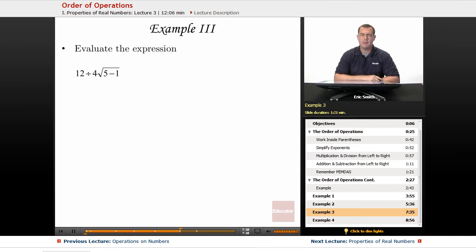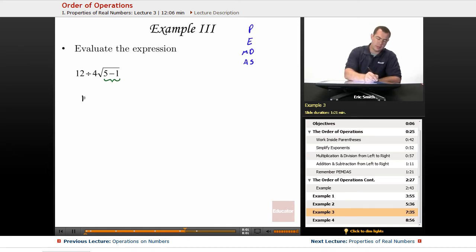This next one I have 12 divided by 4 times the square root of 5 minus 1. Starting with my grouping symbols and parentheses. Well, I could consider everything underneath the square root as its own little group. So let's work on simplifying that right in here. 5 minus 1 is a 4.